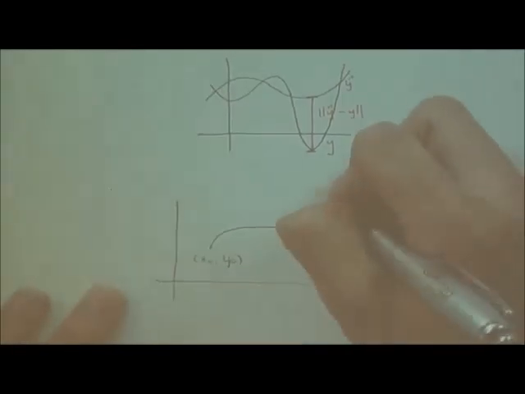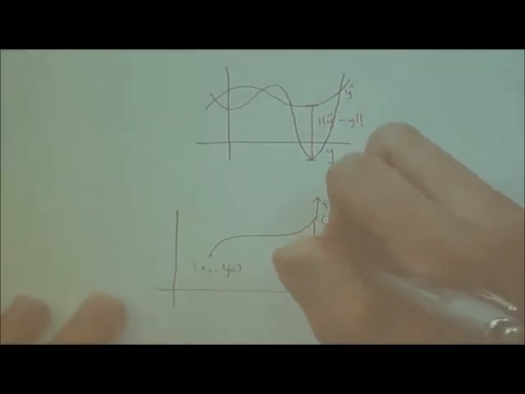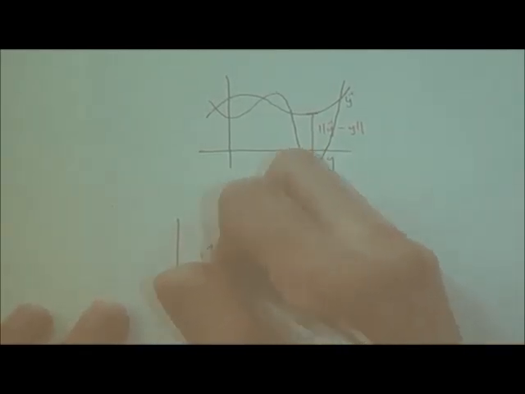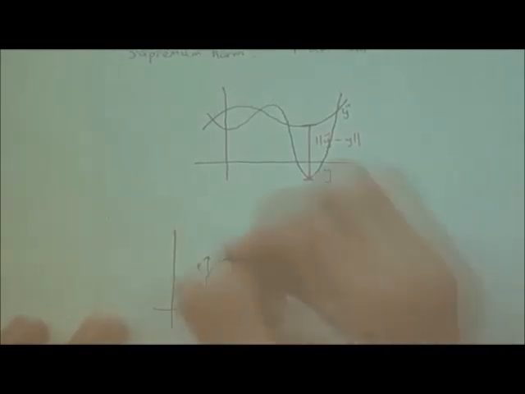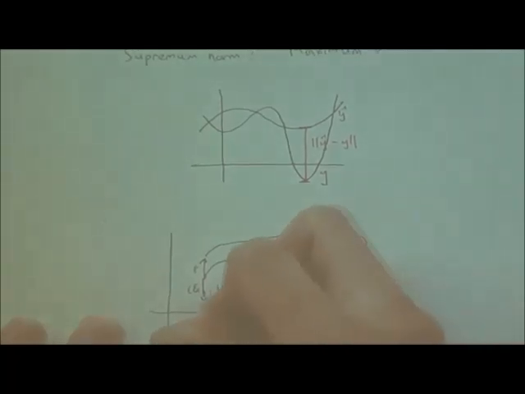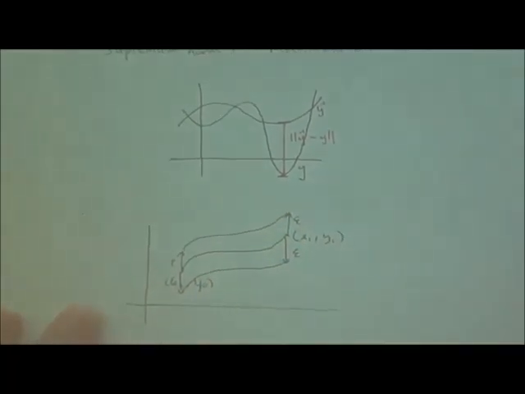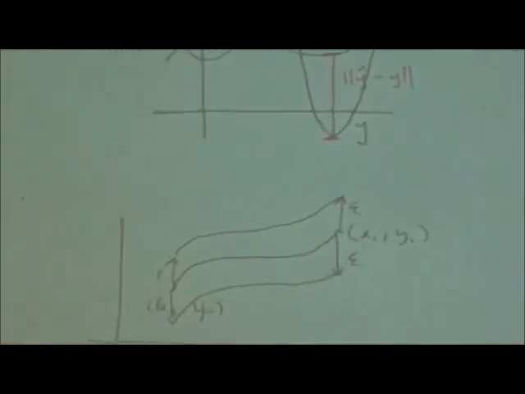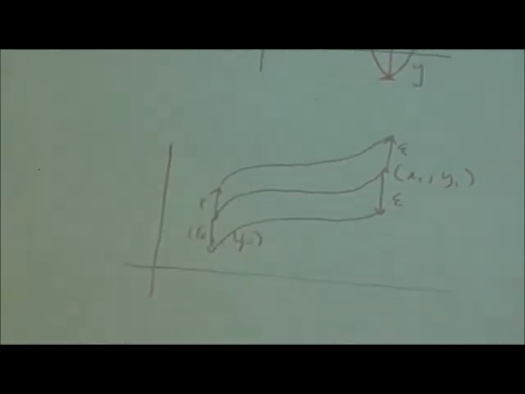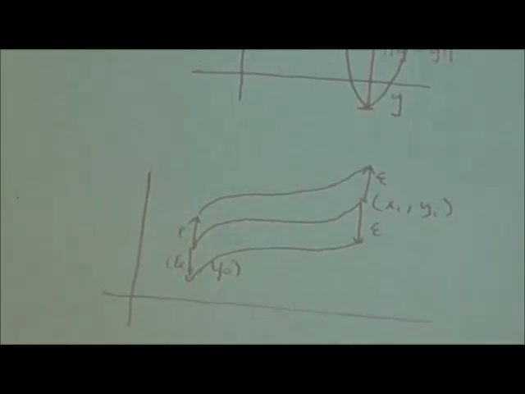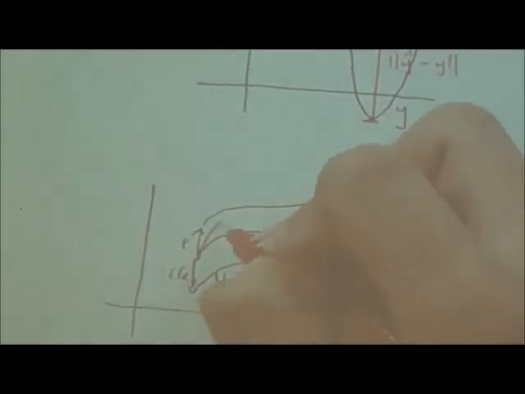So if this is epsilon, and this is epsilon, above and below, and this is our strip, then the condition would mean that y hat has function values which lie completely inside the strip.